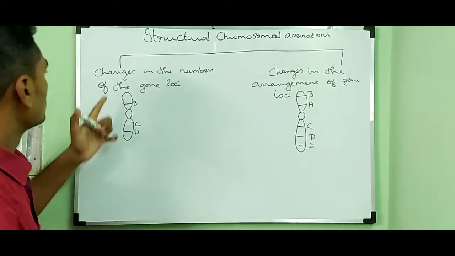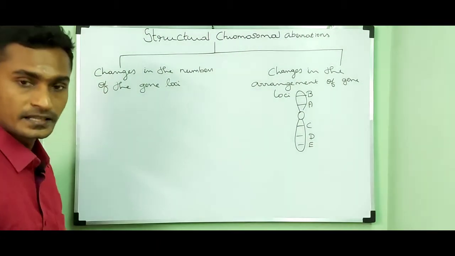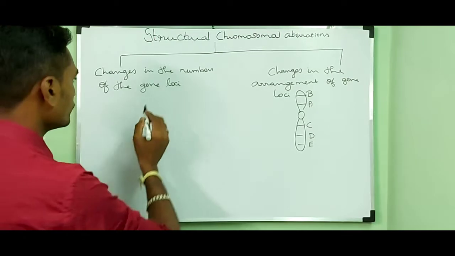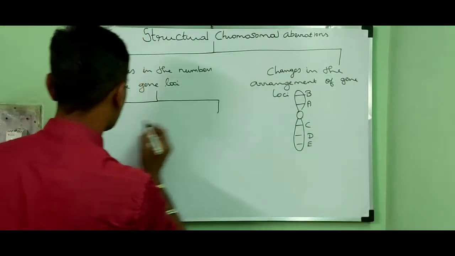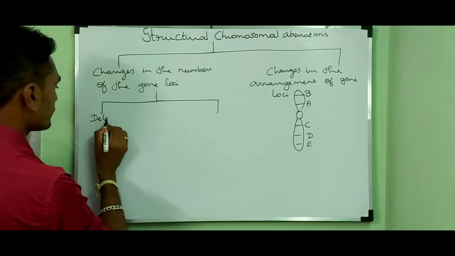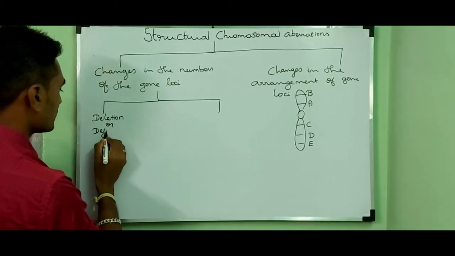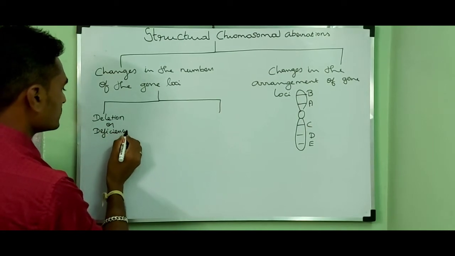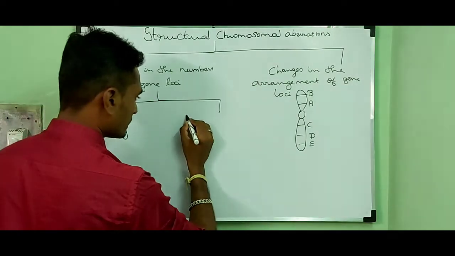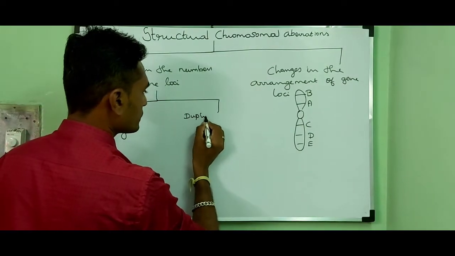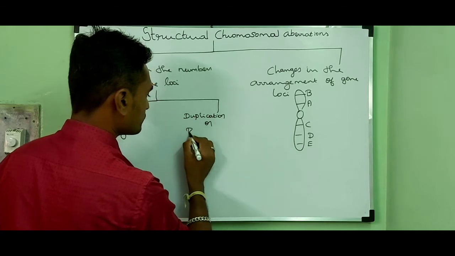Then the changes in the number of gene loci can be classified into deletion or deficiency, and the second type is duplication or repeats.